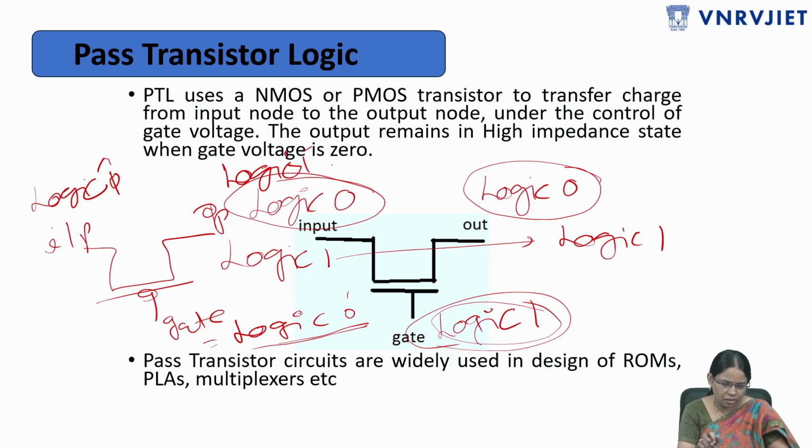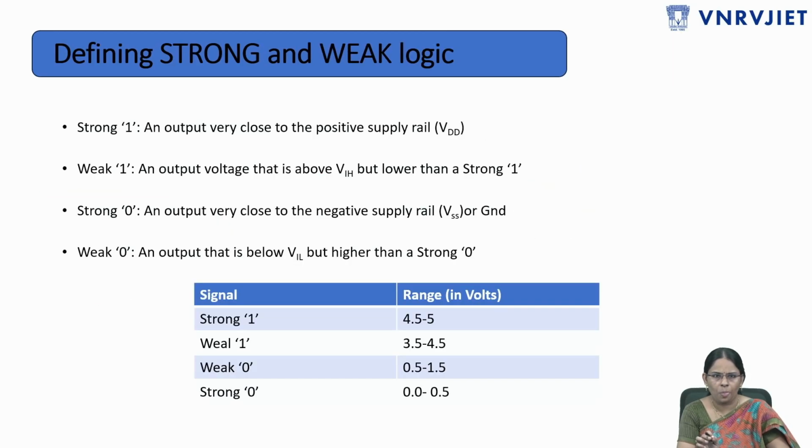Whenever we consider these conditions, we have some limitations and constraints. Let us see what those limitations are. We have conditions like strong 1, weak 1, strong 0 and weak 0. Strong 1 means the voltage is between 4.5 volts and 5 volts.